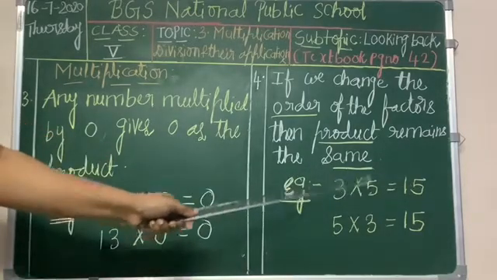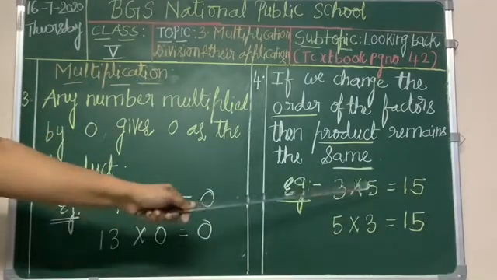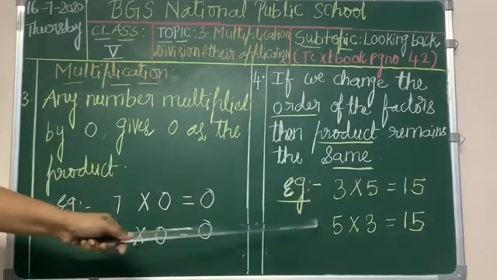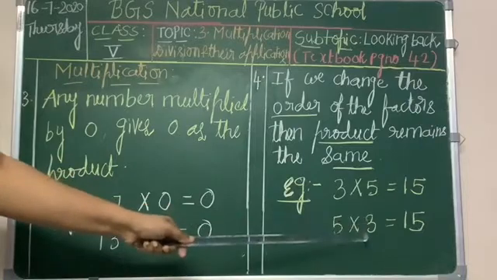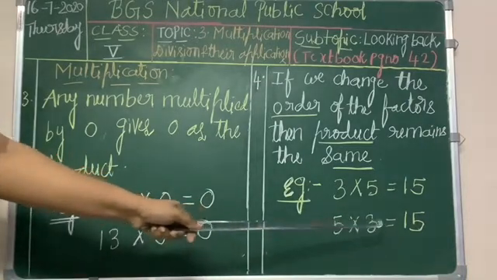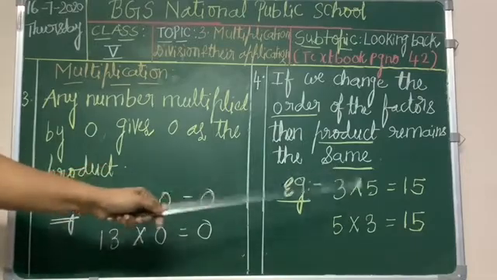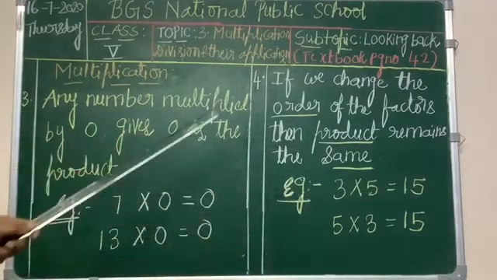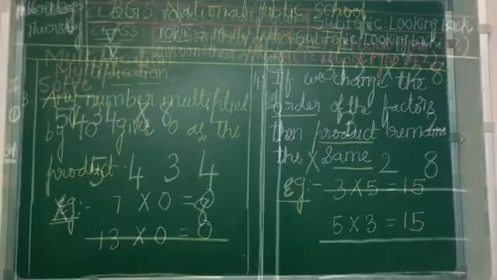You are multiplying 3 and 5. But here you are changing the order of the numbers. The second number will become the first, and the first number will go to the second position, right? So that is 5 into 3 equals 15. So if you change the order of the numbers, you will get the same product. This is the fourth property. Is it clear, children?